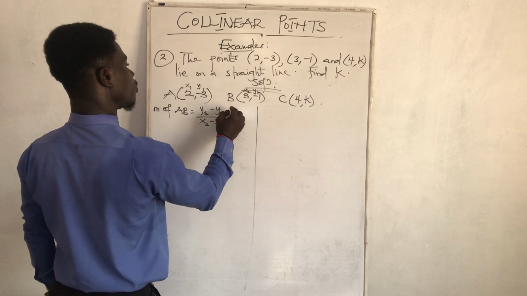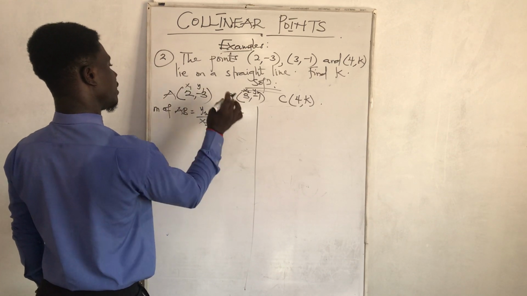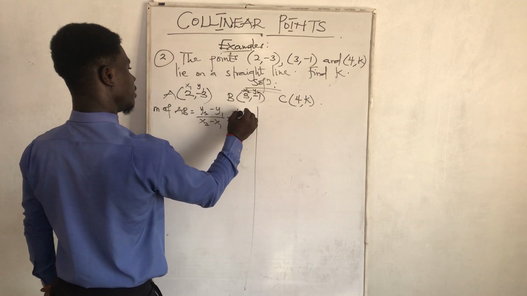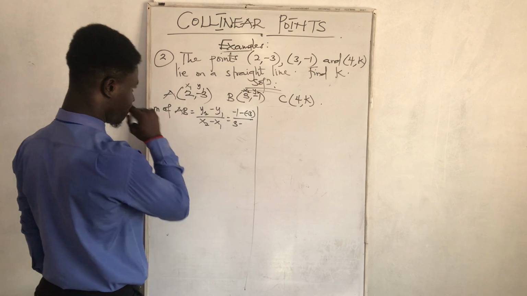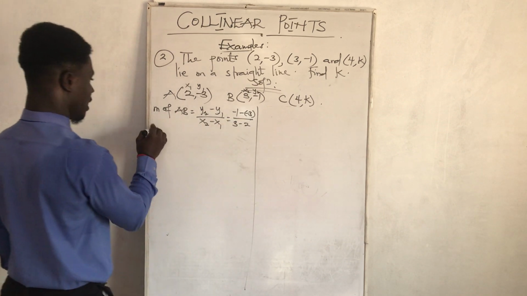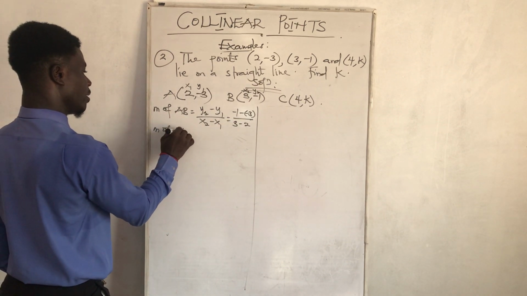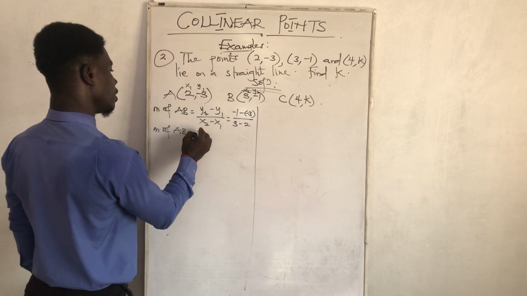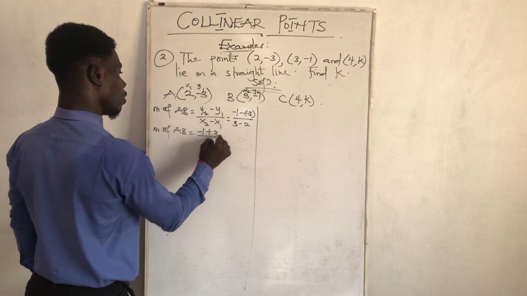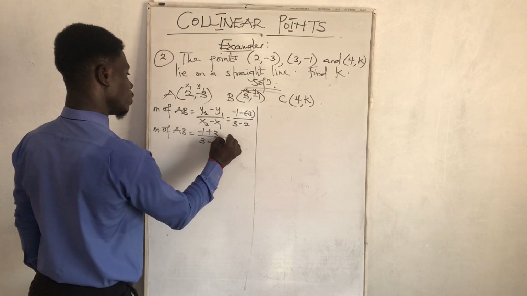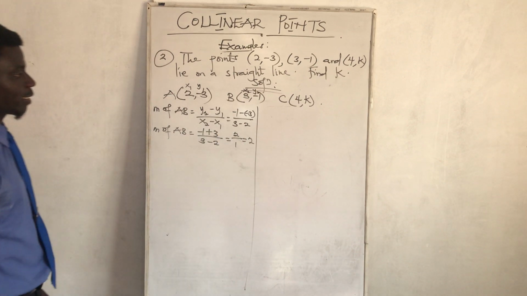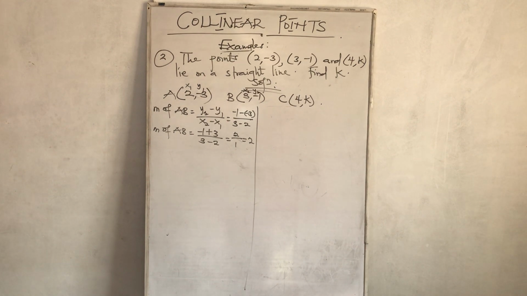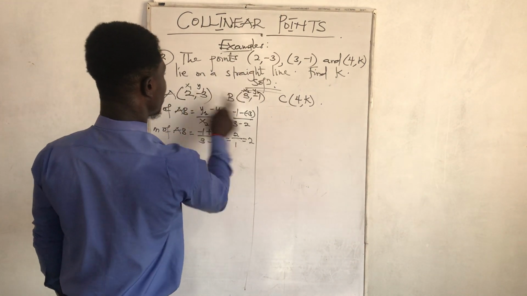So y2 is -1 minus -3 all over x2, which is 3, minus x1, 2. So m of AB is equal to -1 plus 3 all over 3 minus 2, which is 2 over 1, which is 2. So the gradient of AB is 2.